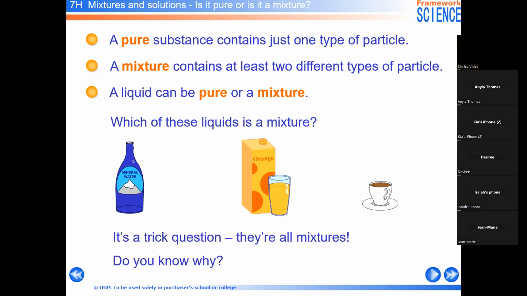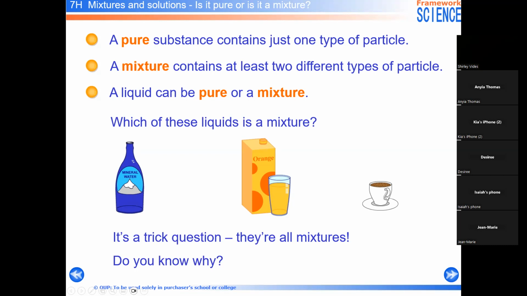Because they contain more than one type of particle. Mineral is telling you there's something in the water, right? Orange juice, you know, just by drinking it, that there's stuff in there, like sugar, and vitamin C, and all of these are different compounds that are in there. And there's water also. And then coffee, of course, has water and also coffee.